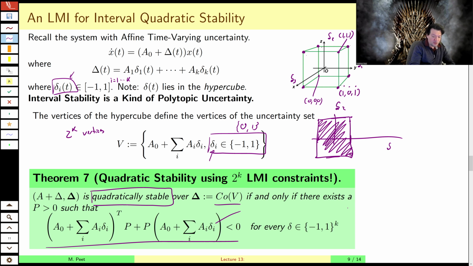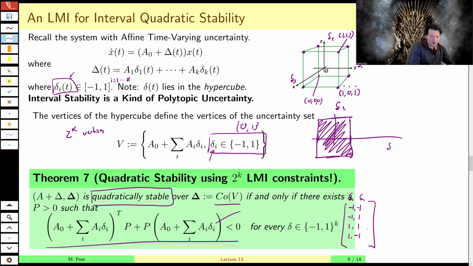So you need to enforce, you have one LMI, say there's 2 dimensions, right? Delta 1, delta 2. You have one LMI at negative 1, 1, negative 1, negative 1, negative 1, 1, 1, 1, and, wait, I missed one, 1, negative 1.